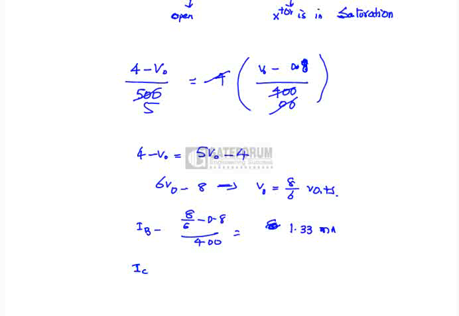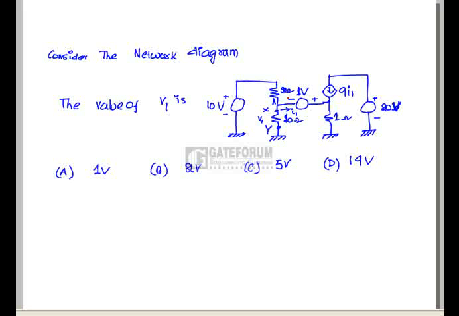Here IC, the current through Q2, is (4 minus VCE sat of Q2, approximately 0.2) divided by 500, which equals 7.6 milliamps. So beta min equals IC by IB, which equals 5.71. Here option D is correct.